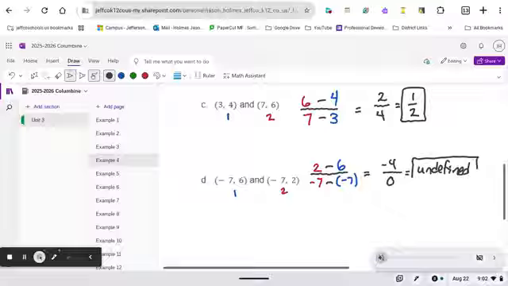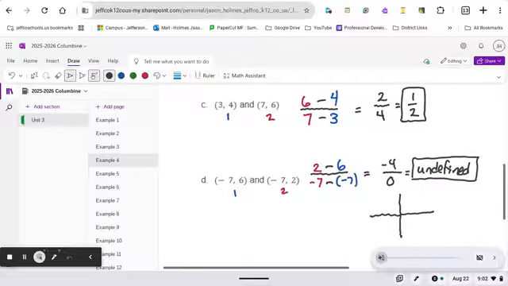And here's what's going on in this picture. Again, we've got this coordinate plane. We've got the first point at negative 7, 6, somewhere up here, and then negative 7, 2, which would be down here.